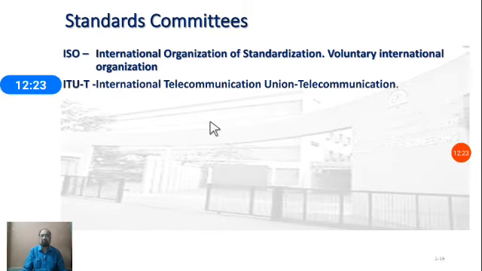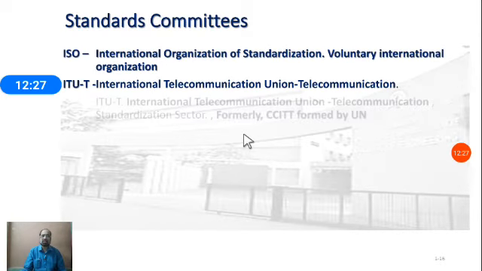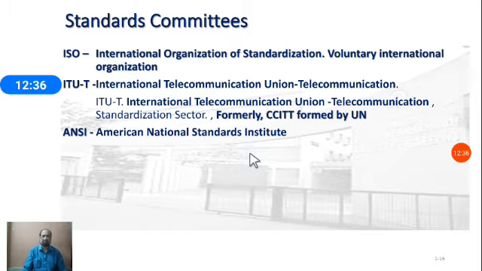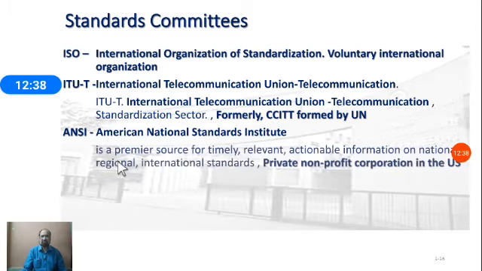Another is ITU, that is International Telecommunication Union. ITU is formed by the UN. ANSI, that is American National Standards Institute, is the premier source of timely, relevant, actionable information on national, regional and international standards.